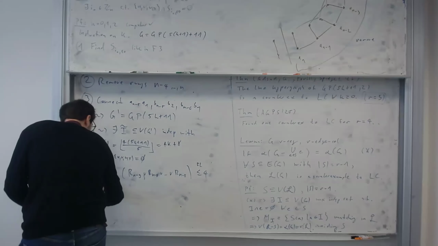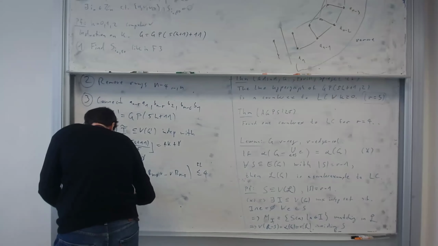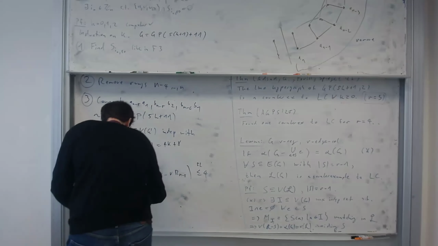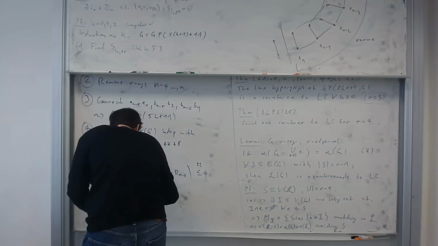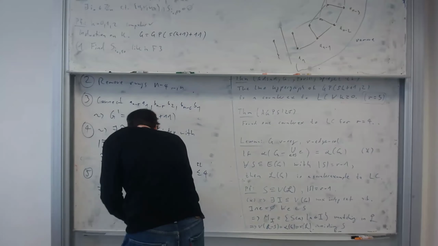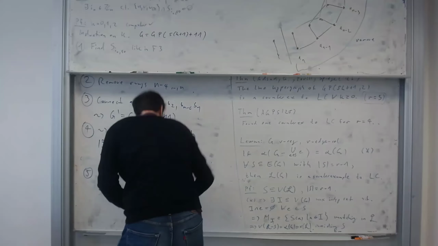And this means there exists some index I1 such that the rung R_{I1}, this is a rung at coordinate I1, is not intersecting the independent set.